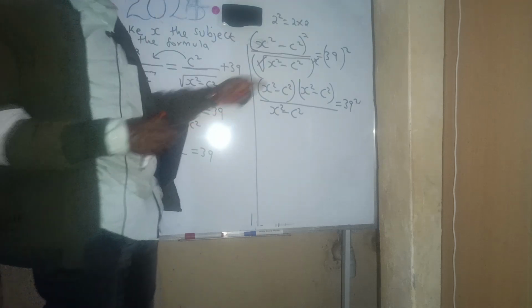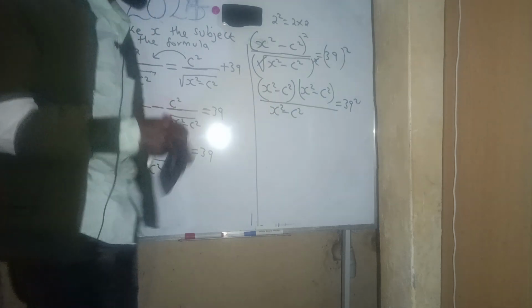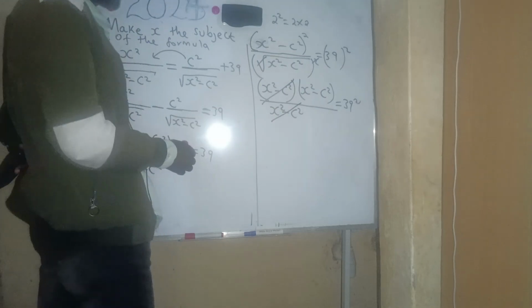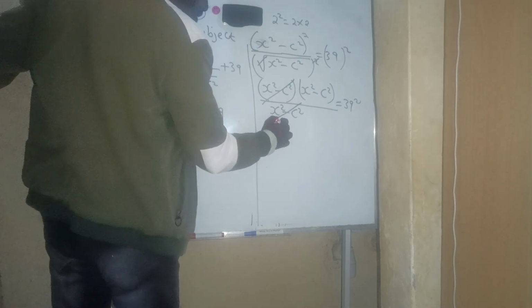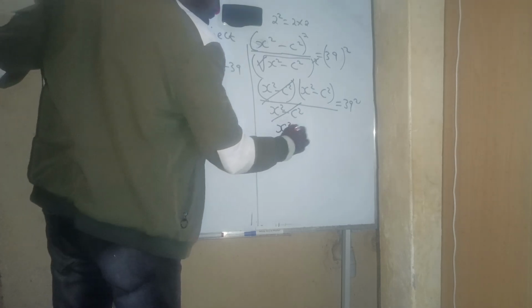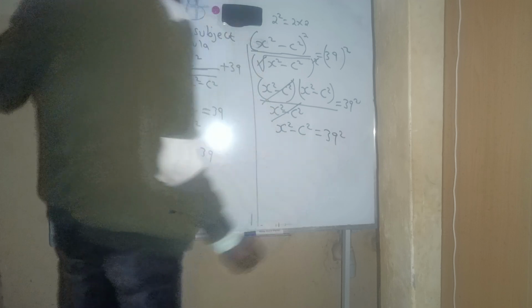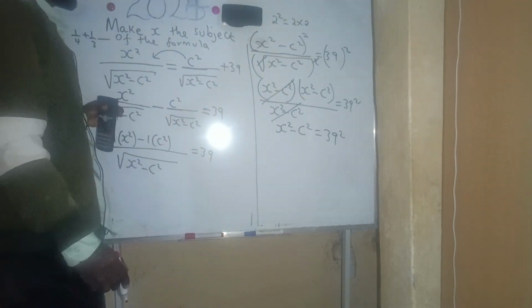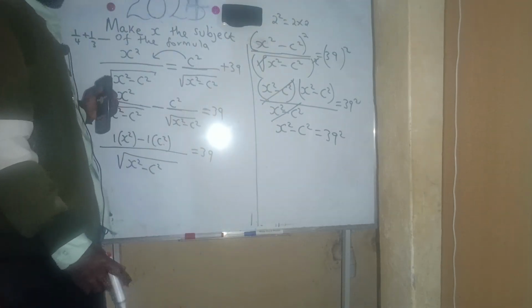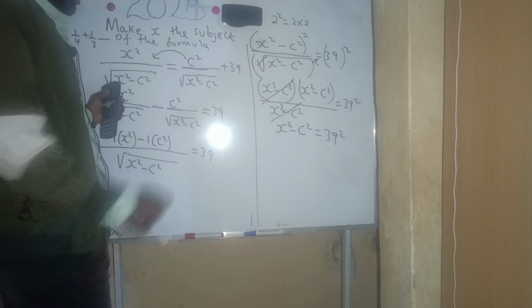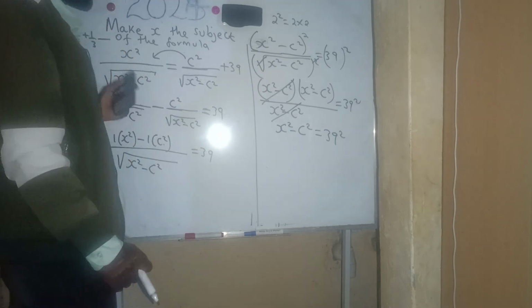If you kindly look at this, you can realize that we can get rid of this and this because they are similar. So you are left with x squared minus c squared equals 39 squared. We are interested in making c a companion of 39 and leaving x squared on one side.